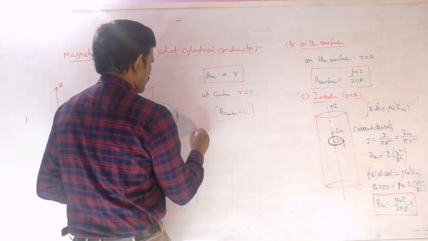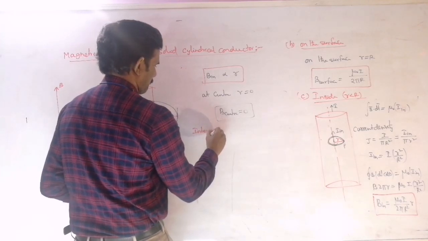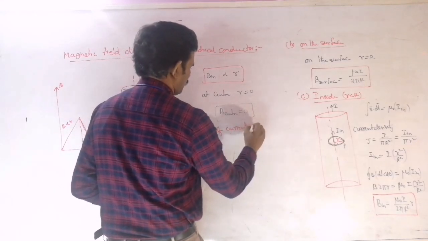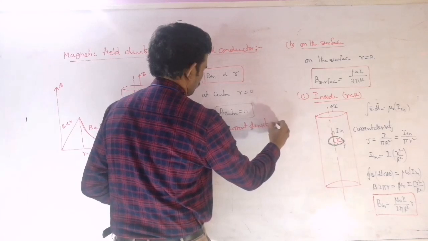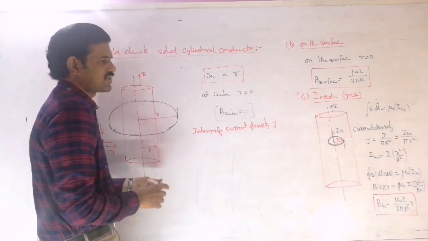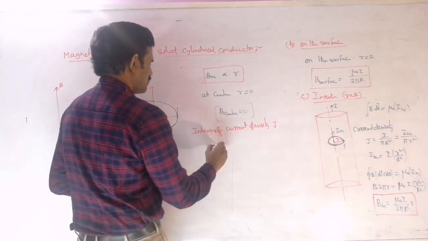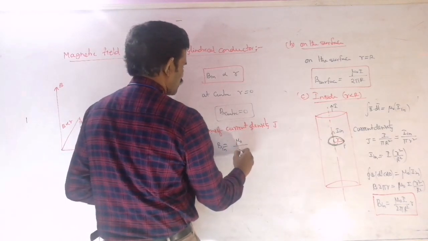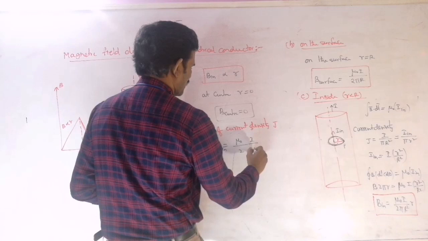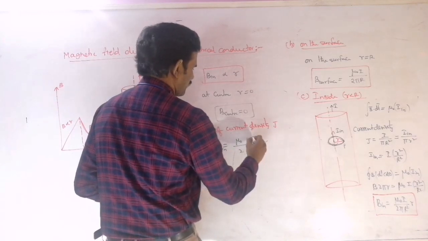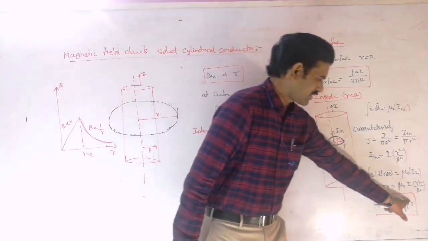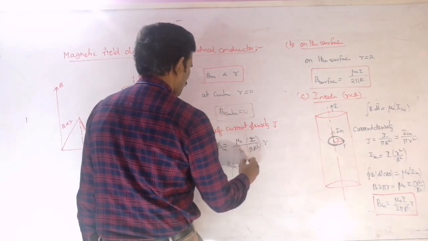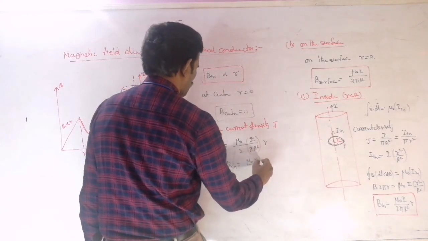So in terms of current density, you can observe that B inside is equal to mu naught by 2 into I by pi r square, which is the current density, into r. So I can write this in terms of the current density: mu naught into J by 2 into r.